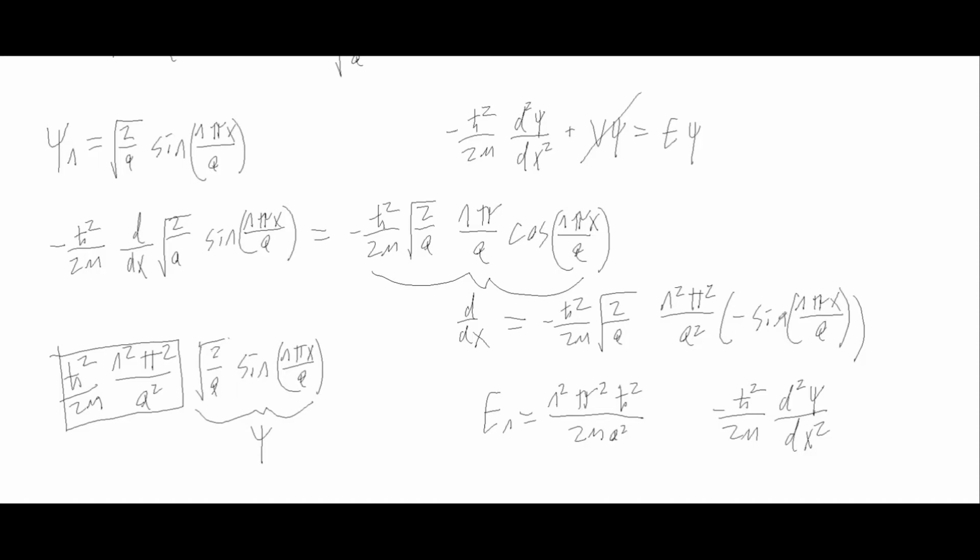And we said that this was 0, because inside the well the potential is 0. And we said that was equal to En. And we said En is equal to this, and when we took the second derivative of the wave function with respect to x, this is what we got from it. And so this is true. This is a solution to the Schrodinger equation.